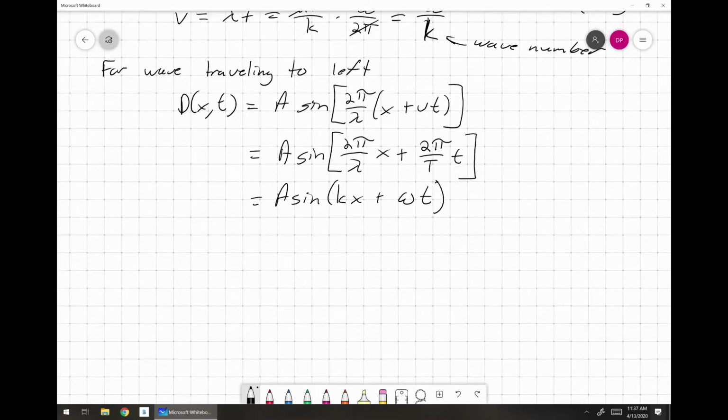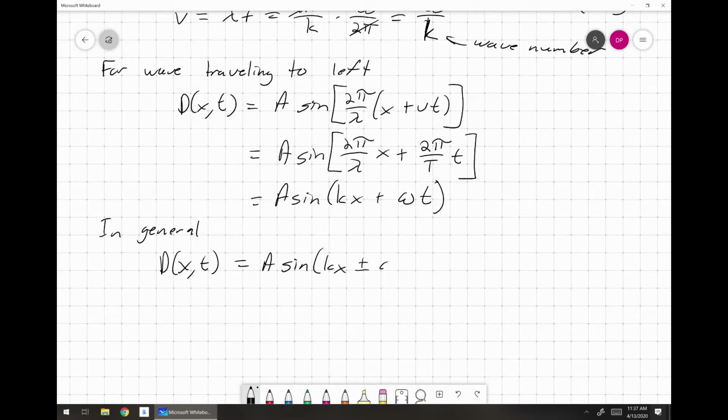And so we can write in general, our displacement equations have the following form. We're just going to write the simplified version here just to save some writing.